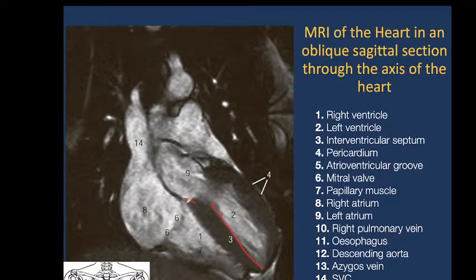The inferior part consists of muscles and is quite thick, but the upper part, which I show here, is the membranous part of the septum, which is made of connective tissue, and that is the thin part of the septum.